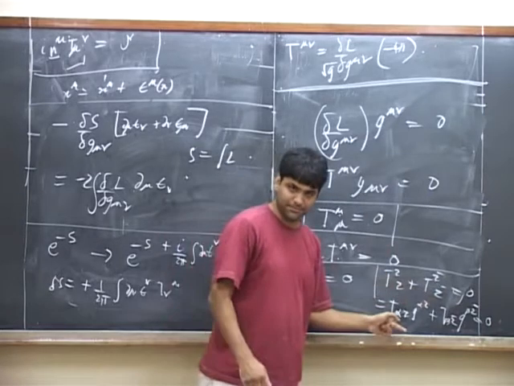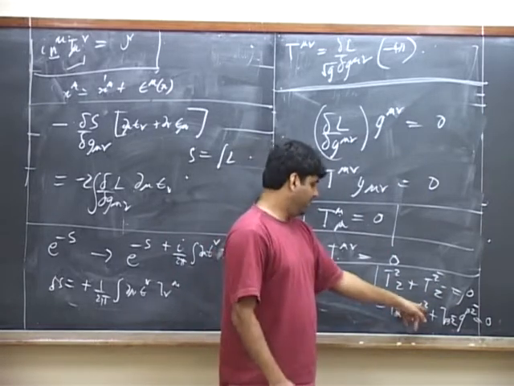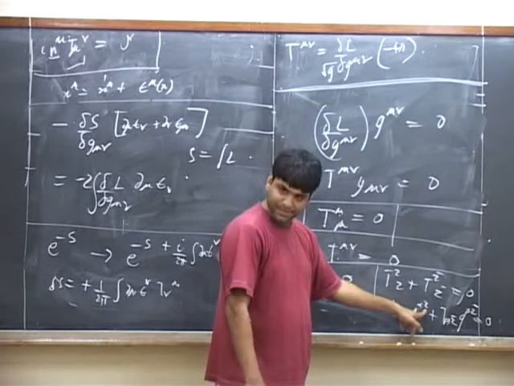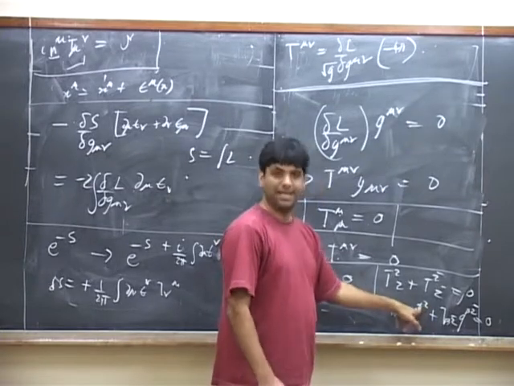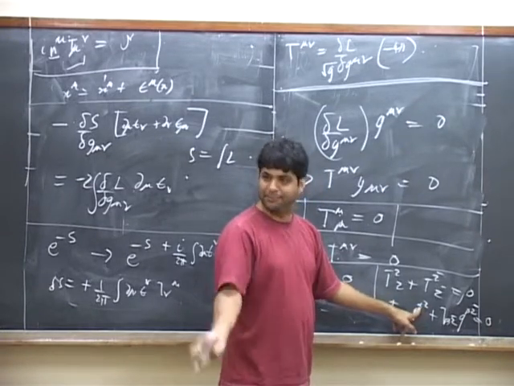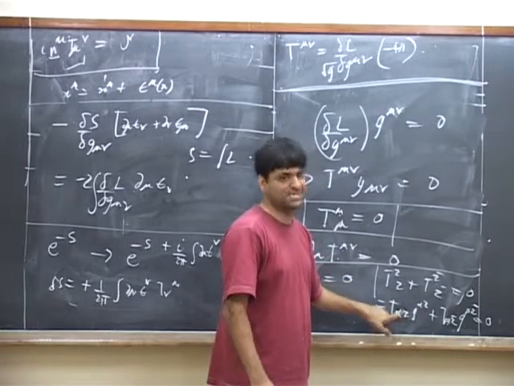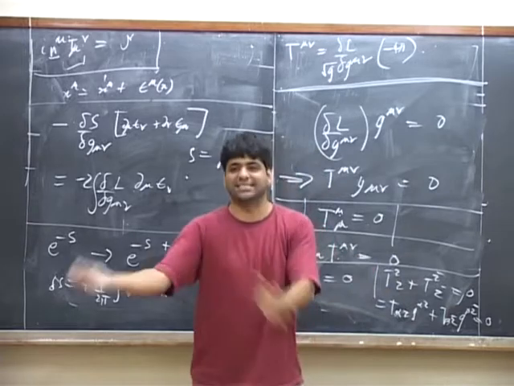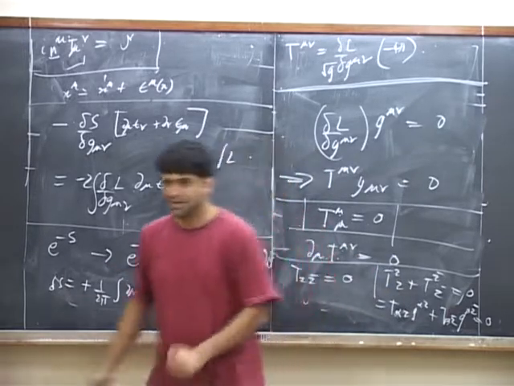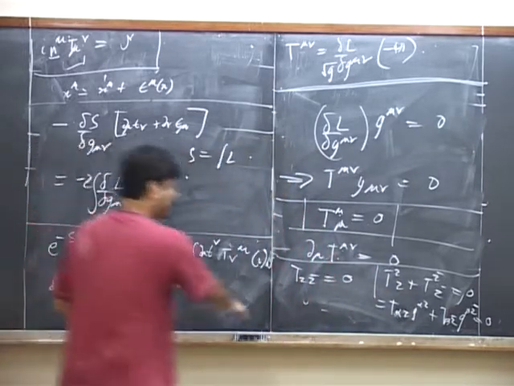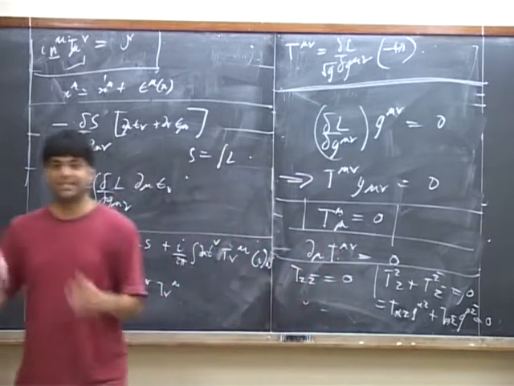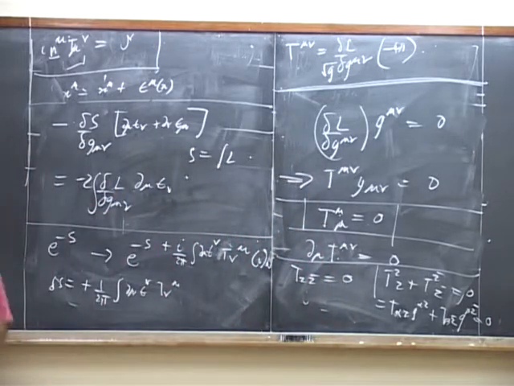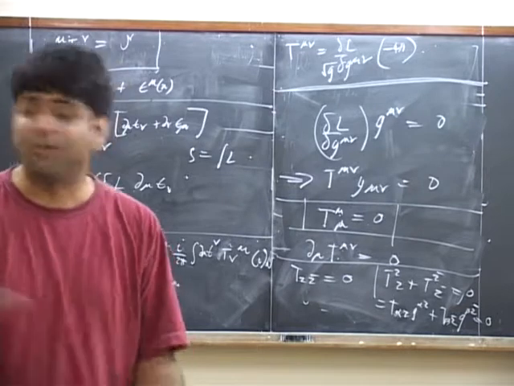That's what the statement means. But the only non-zero component of the upper metric with a z index is the one in which the other index is z bar. And similarly here, so you get some factor times T z z bar. So of the 3 components of the stress tensor, T z z, T z z bar, and T z bar z bar, one is just set to 0 by scale invariance.